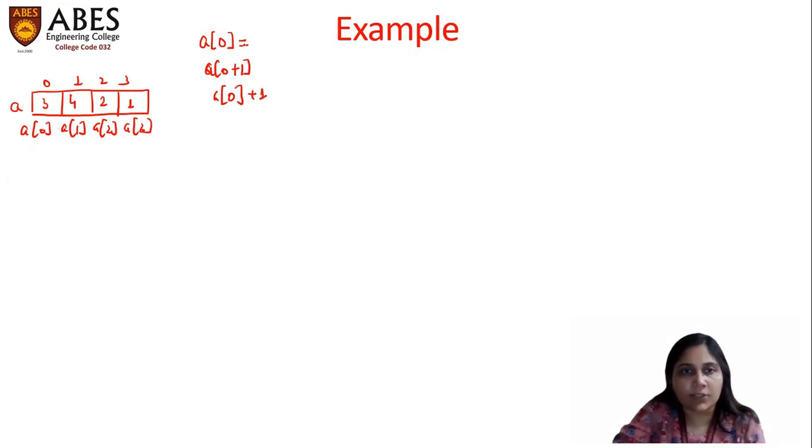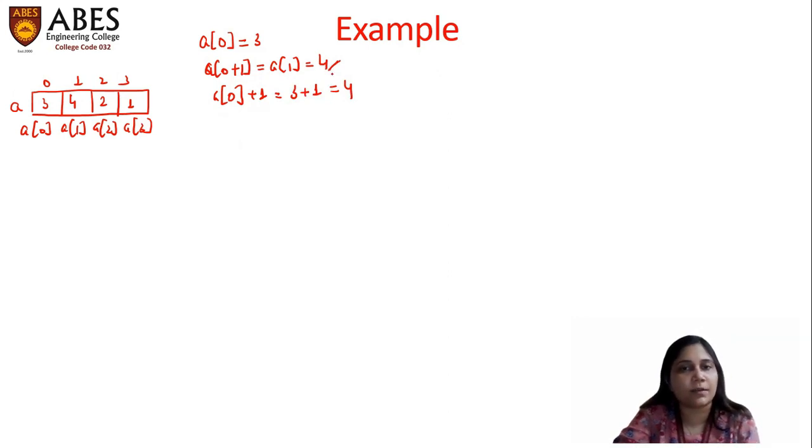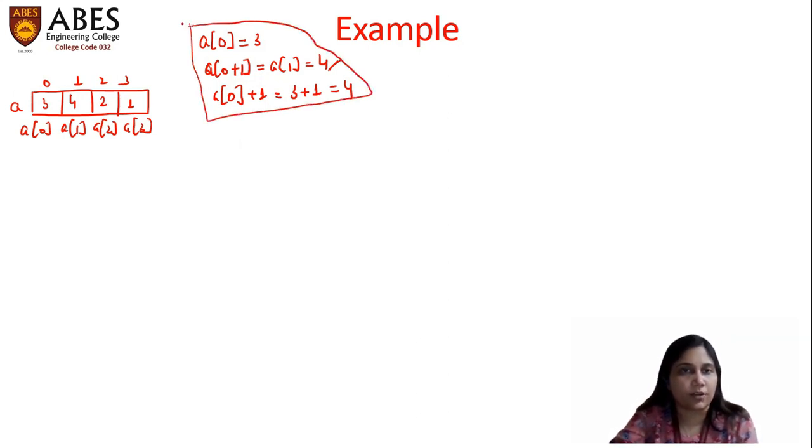For A[0], the value will be 3. For A[0] plus 1, you are incrementing the index by 1, so it becomes A[1] and gives you the value 4. It is accessing the value at A[1]. So always remember this, because we are going to use it in the concept of bubble sort.